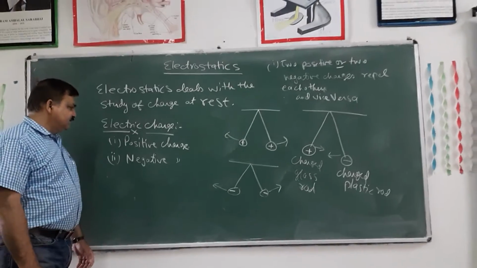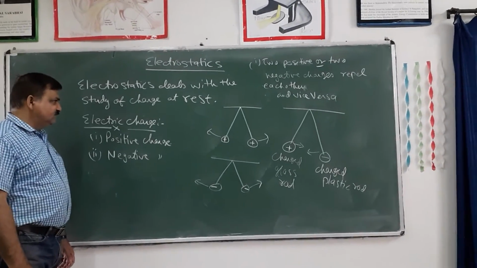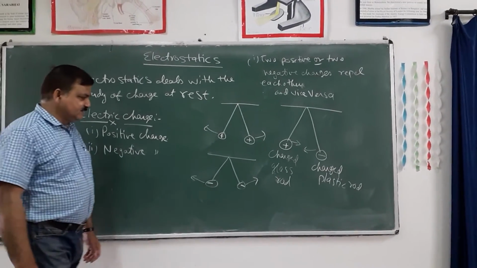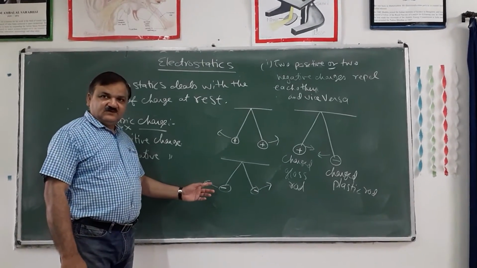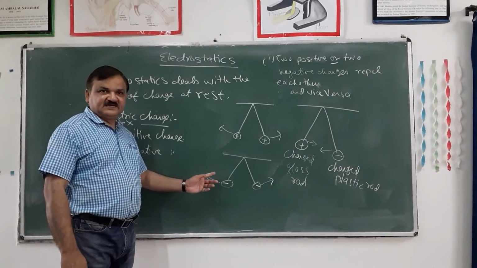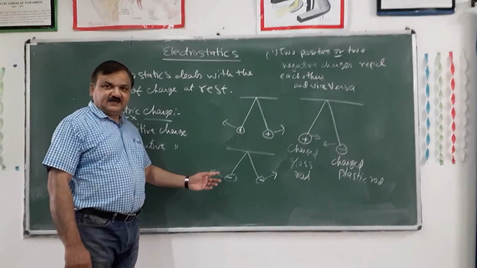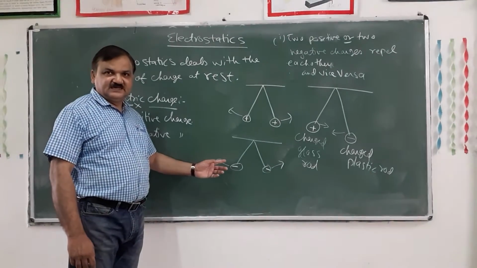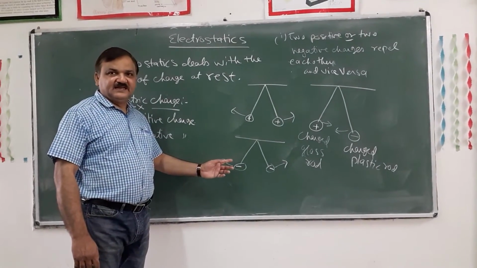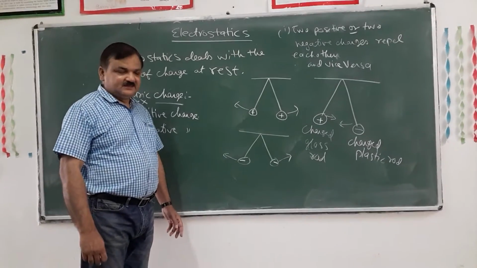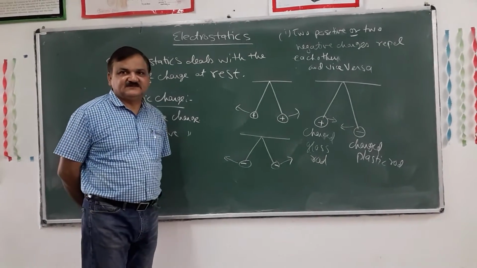Actually, how can we say that when one light body is rubbed with another light body, one body develops positive charge and the other body develops negative charge? An explanation has been given like that.